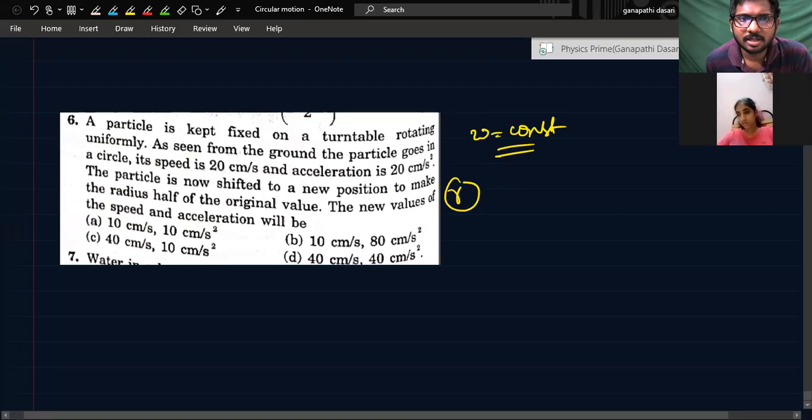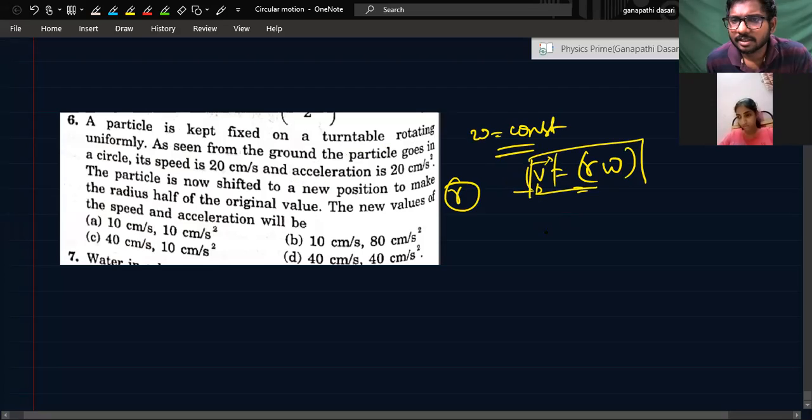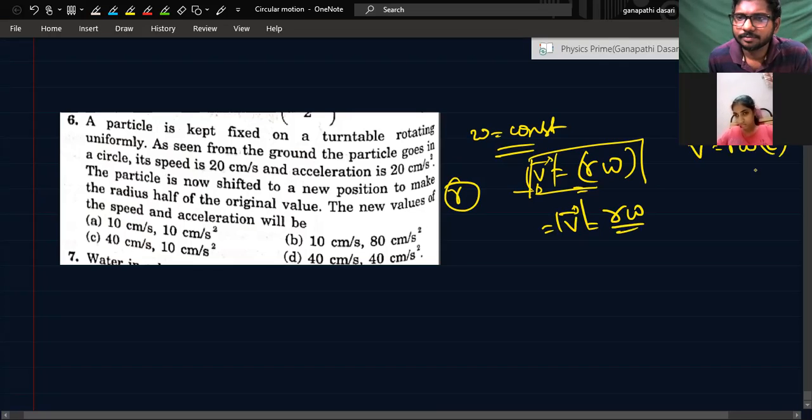For some circle of radius r on the rotating table, its speed is v, which is the magnitude of the velocity vector, equal to r omega. If you want to write the v vector, that is r omega into t cap, the tangential vector, as I taught you.